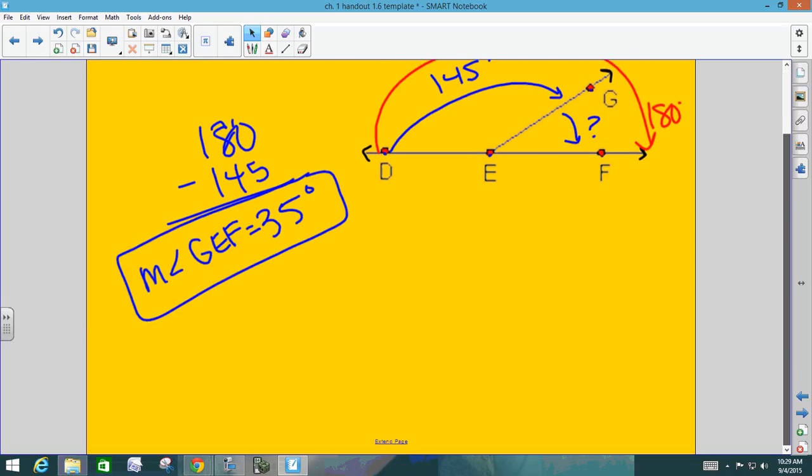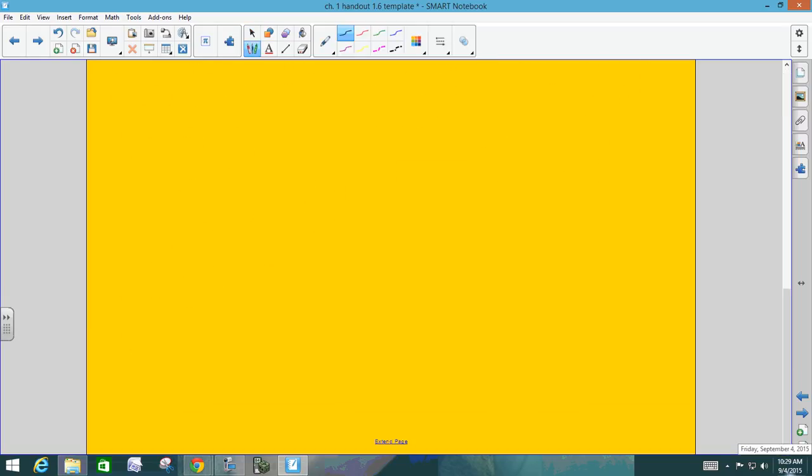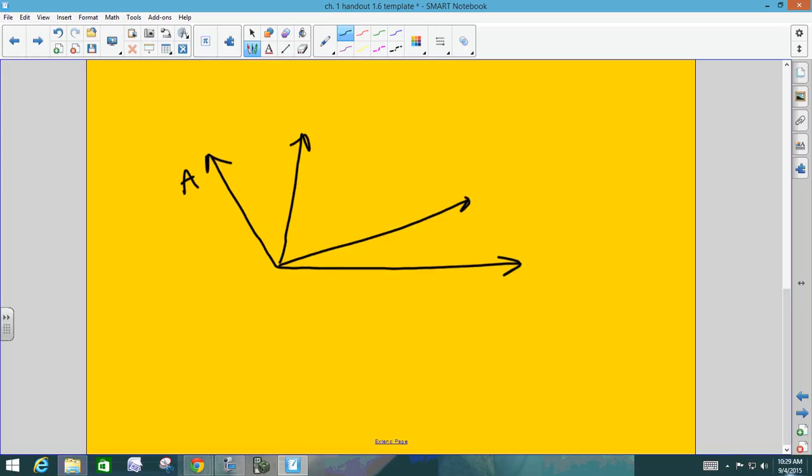Let's try something here. Any idea what those curve marks mean? They're congruent. Excellent. The curve marks mean they're congruent.